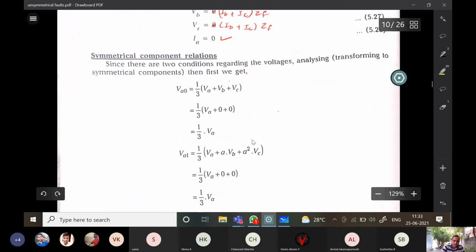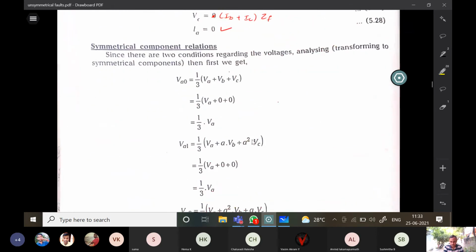These modifications are there. Coming to the symmetrical components, VA0, VA1 and VA2 also have modifications. For VA0, 1 by 3 times of VA plus VB plus VC. So VB and VC both are the same, right?